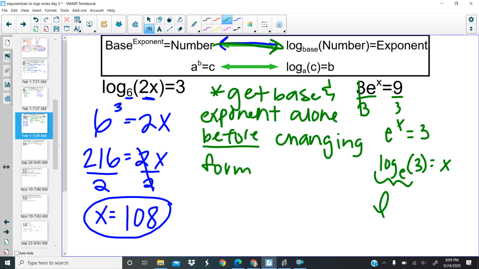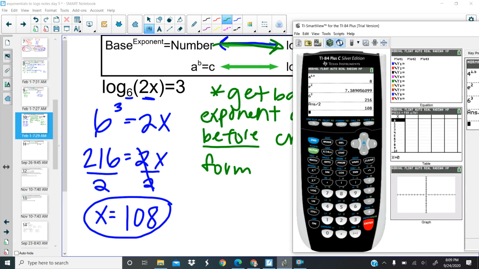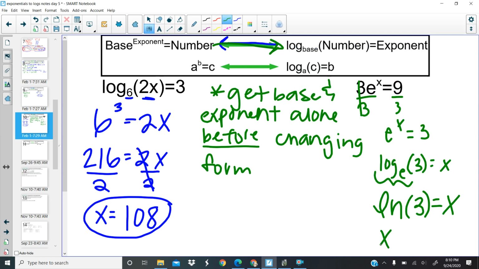So you can change that to ln of 3 equals x. And then if you look on your calculator, there's actually an ln button right there. So you can just type in ln 3, and you'll get 1.099 if you round it. So that would be your answer.